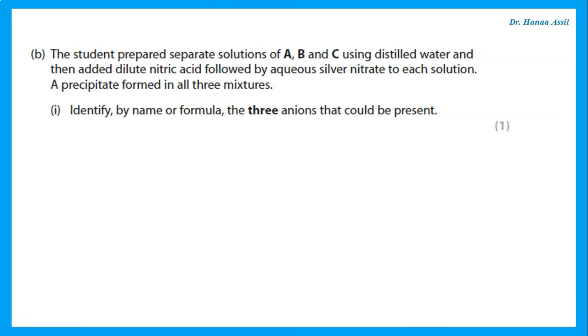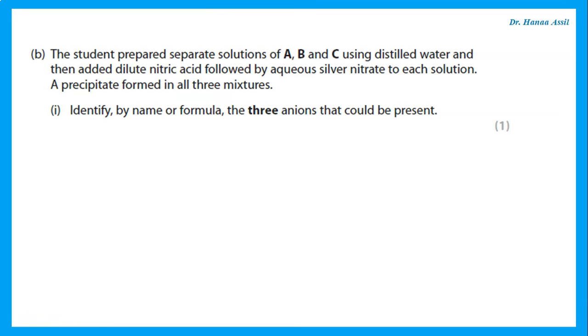The student prepared separate solutions of A, B, and C using distilled water and then added dilute nitric acid followed by aqueous silver nitrate to each solution. A precipitate formed in all 3 mixtures. Identify by name or formula the 3 ions that could be present.